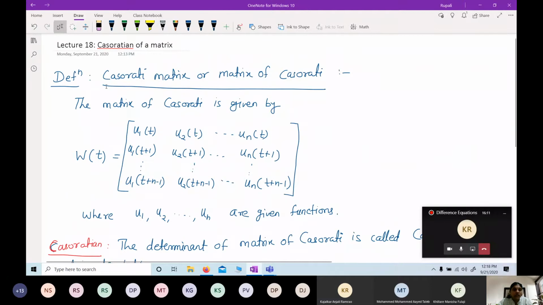Yes, ma'am. So the Casorati matrix is a square, n by n matrix.